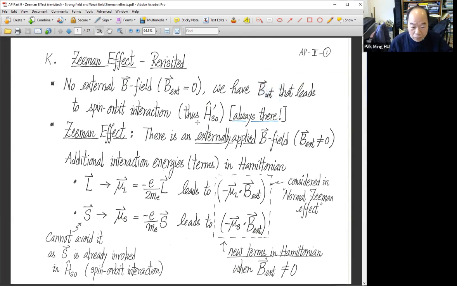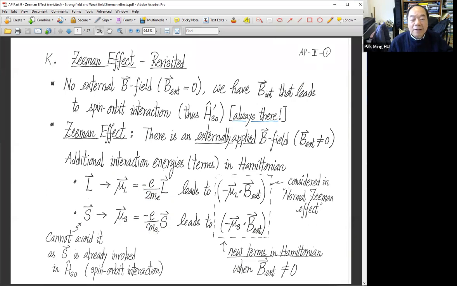Now we have an external field. We have orbital angular momentum giving rise to a magnetic dipole moment due to L. We discussed this and we got the normal Zeeman effect. But now we have spin. Therefore, we have a spin magnetic dipole moment that goes with S. We discussed that there is a difference of a factor of 2 here because the g factor is different.